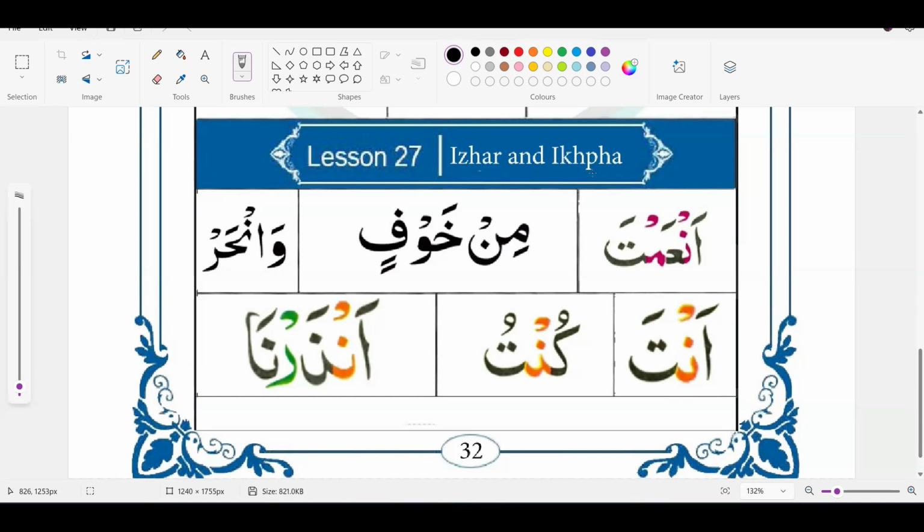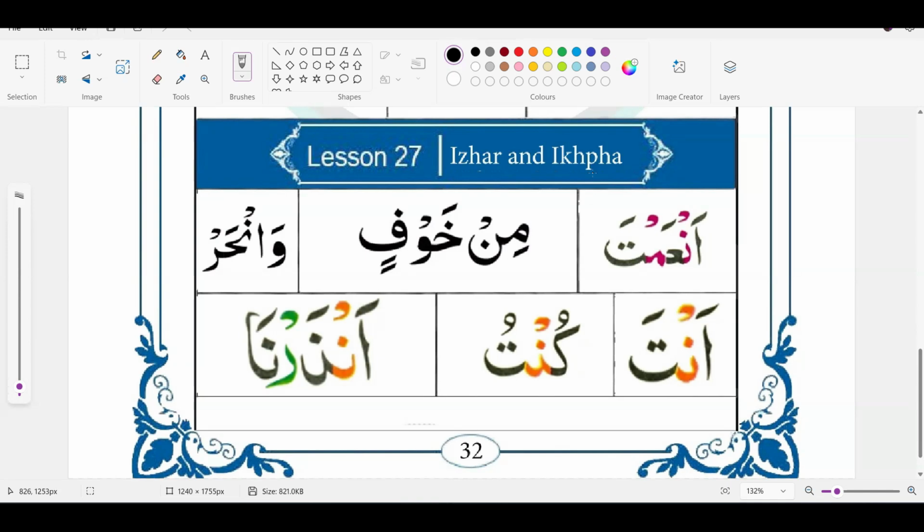Remember, in the previous Idgham we need a Yarmalun letter after Noon Sakin or Tanween, and in Izhar we need a throat letter. The throat letters are Hamza, Ha, Ain, Ha, Ghain, Kha. Whenever we have any throat letter after Noon Sakin or Tanween sign, we read without Gunna, clearly.